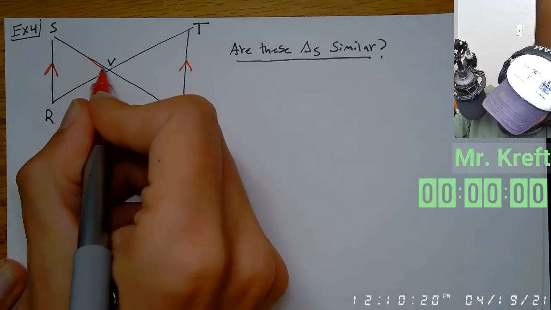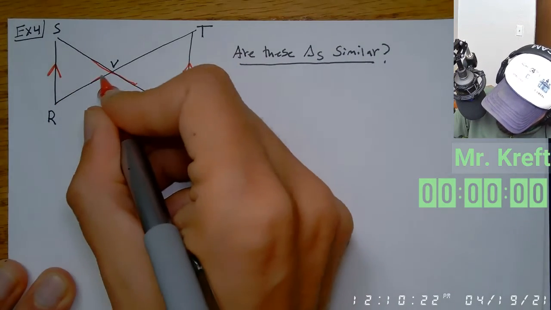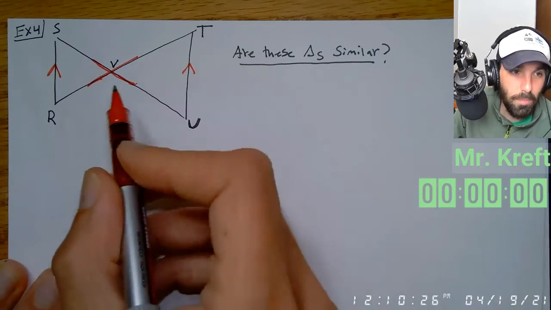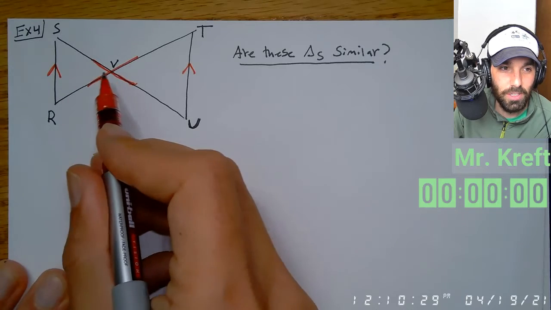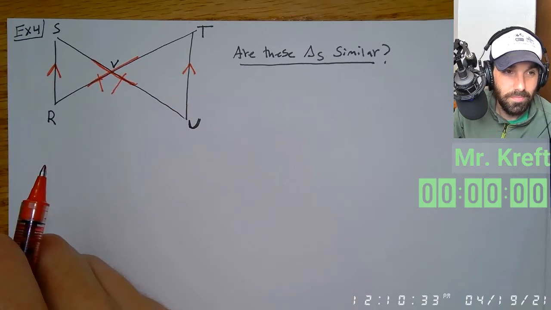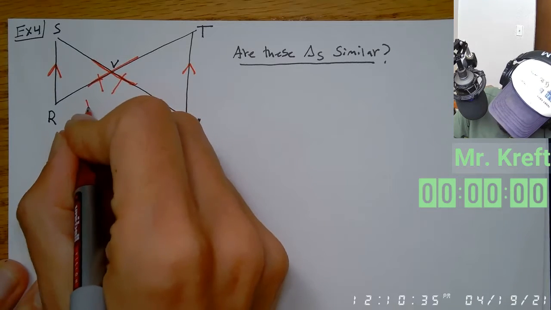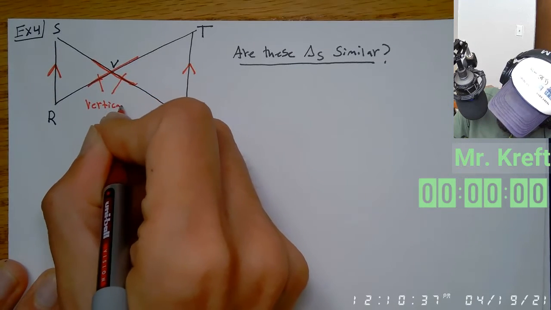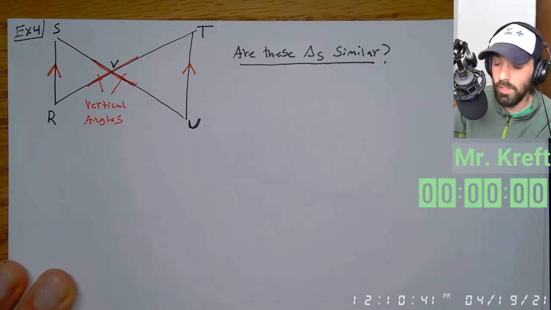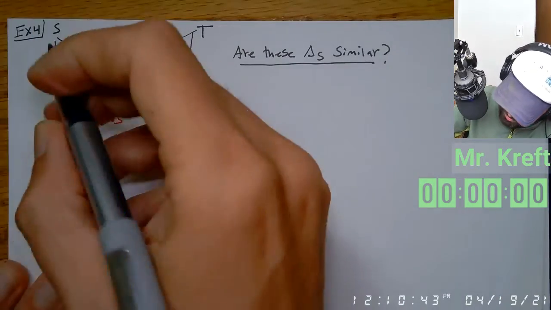So first of all, did you guys notice that we have an X here in the middle? Did you guys see that? So what happens when we have two things crossing? What kind of angles are these two? Yeah, they're vertical angles. Okay, so this was just like the ones that we did in proving triangles congruent.